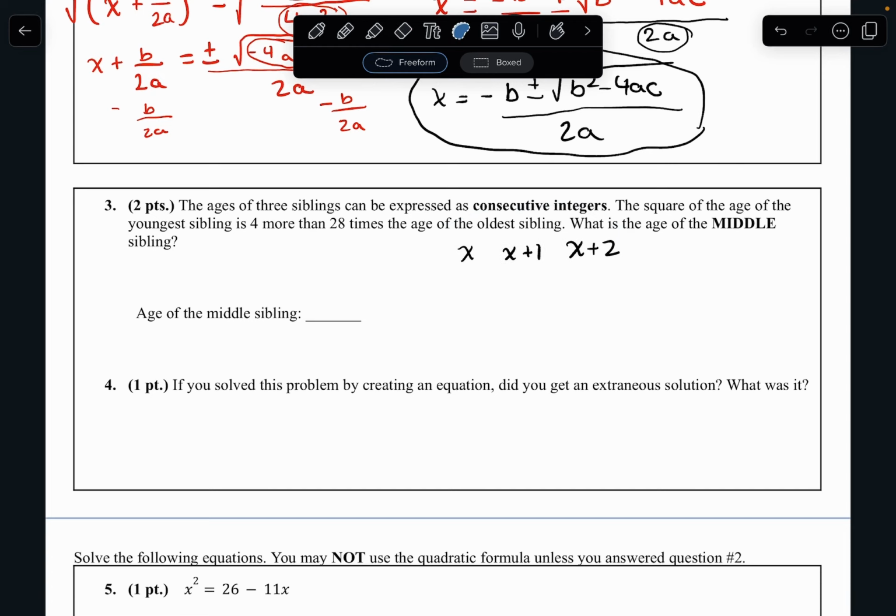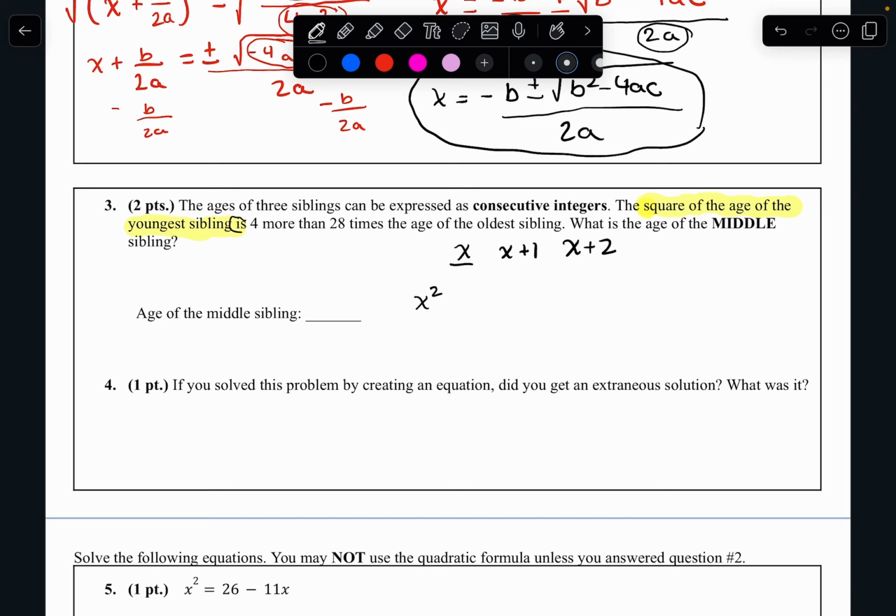Let's write this up here. Perfect. Okay, so the square of the age of the youngest sibling. That means take my x, because that's my youngest child, and square it.